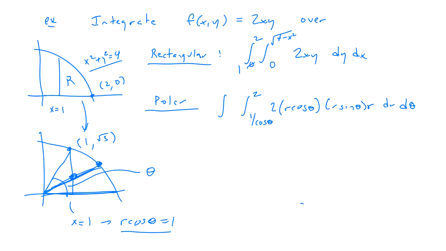So the question is, how do I get that theta? See, I have this little triangle. Make it a right triangle. And I can fill in, well, that's certainly r is equal to 2.